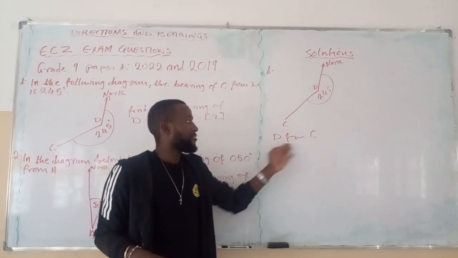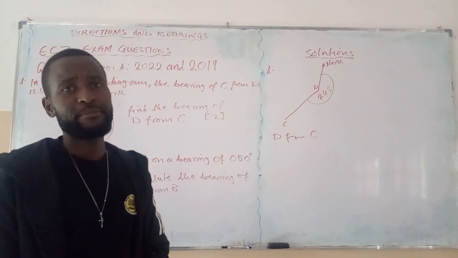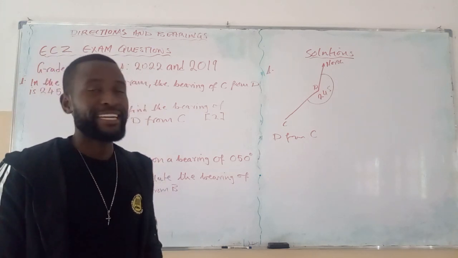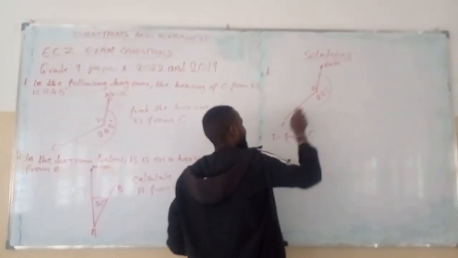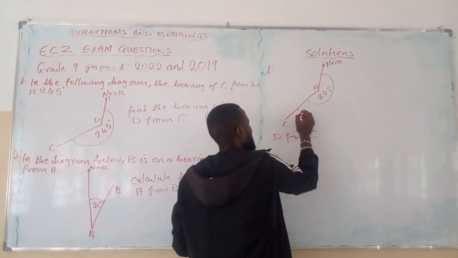Which line have they given me here? Is it a C line? Do I know my C line? No. I don't know my C line, but I know my D line, meaning the whole of this line is the D line. If you want to remind yourself, just know that this is my D line.